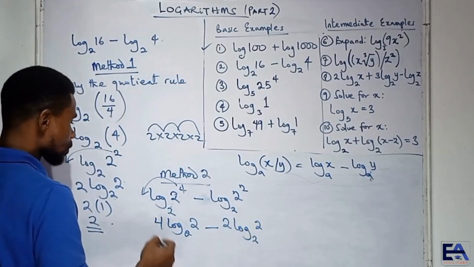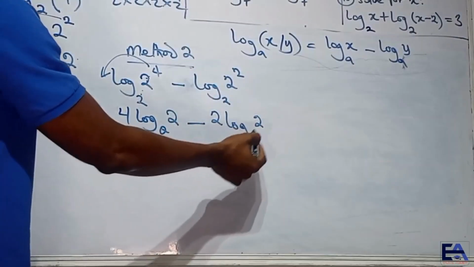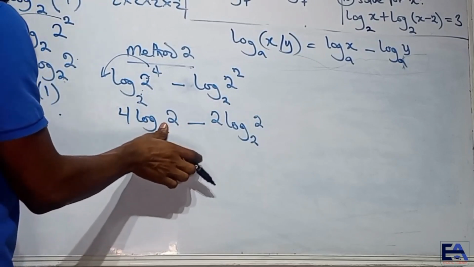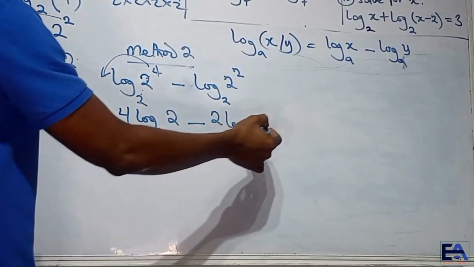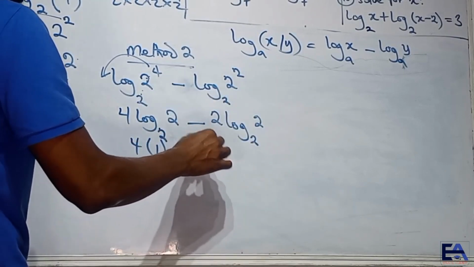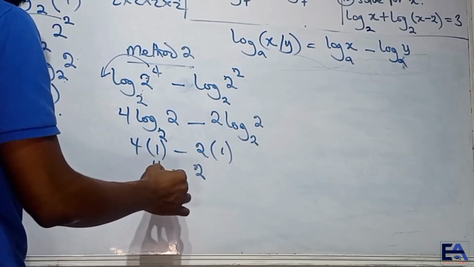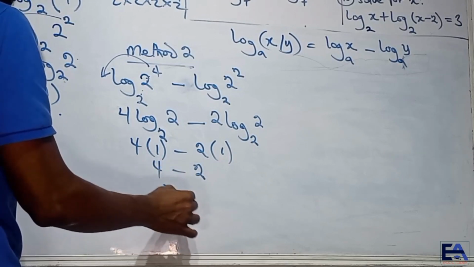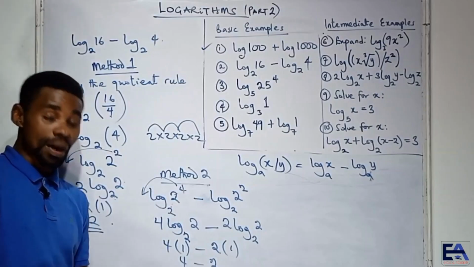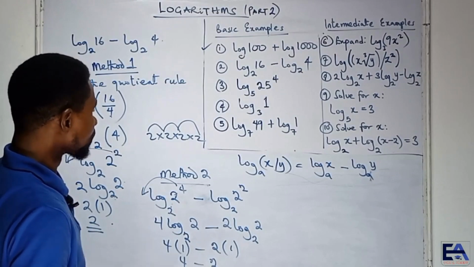The logarithm of a number that has the same base as the number will resolve to 1. So we have 4 times 1 minus 2 times 1. 4 times 1 is 4, 2 times 1 is 2. So 4 minus 2 is 2. So we still got the same answer regardless of the method of approach. Okay, so that's that for the other one.